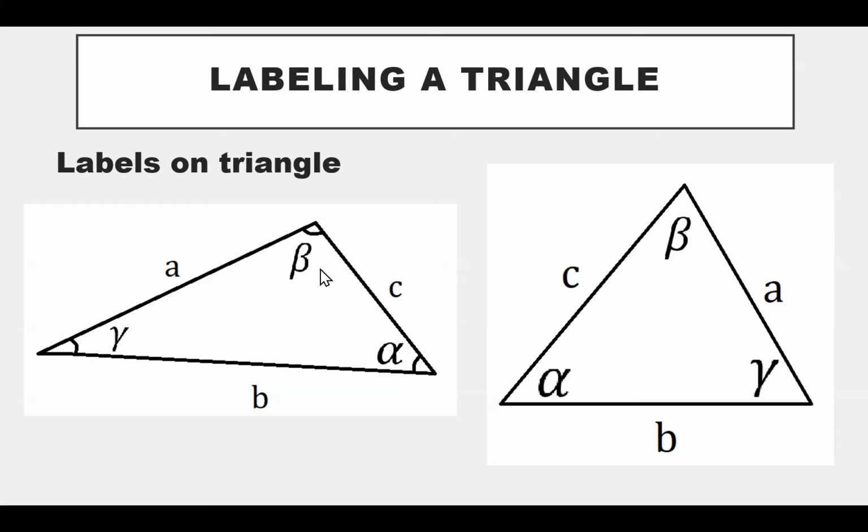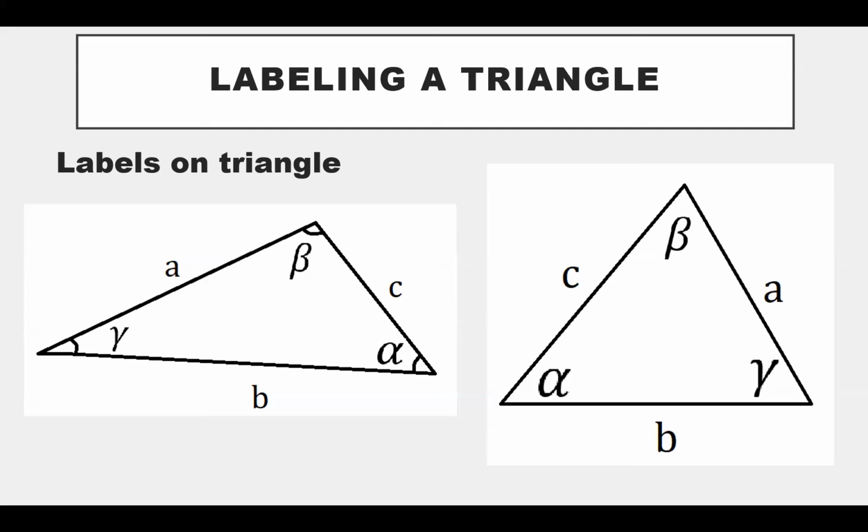The side B is going to be opposite of beta. And the side C is going to be opposite gamma.